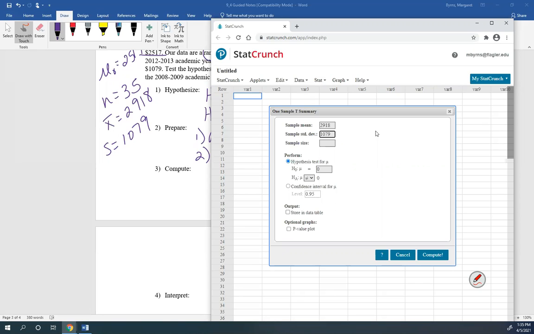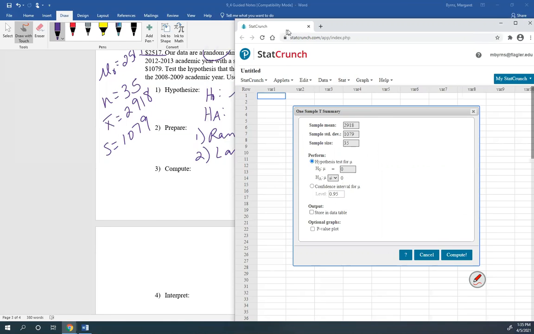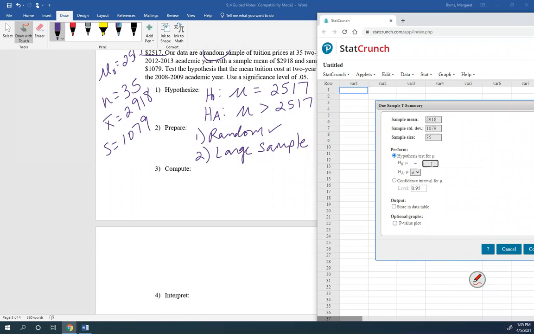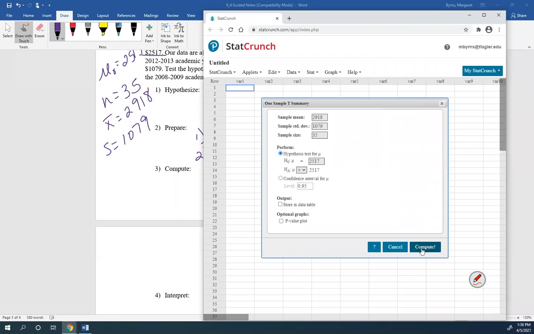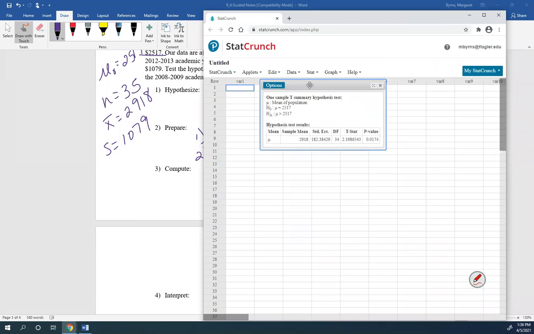So in other words, of the 35 schools that I randomly selected, this is what I found. The mean for that sample was 2918. The standard deviation for that sample was 1,079. My sample size, I selected 35 schools, so I'm going to type that in. So my null hypothesis is that mu is still 25.17, and my alternative is that mu is greater than that. I'm going to go ahead and click compute, and let's see what we've got.